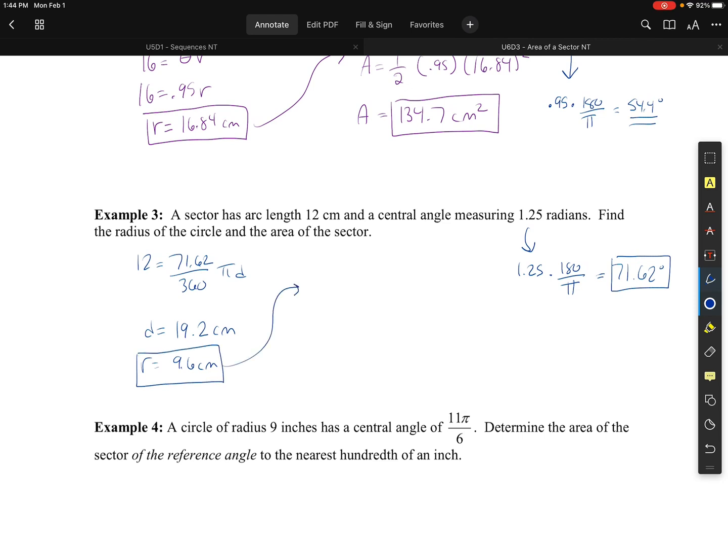So if I'm sticking with the n/360 formula, area equals 71.62 over 360 pi times 9.6 squared. Area equals 57.6 centimeters squared. And again, I chose to go with the degree formula. If you went with the radian formula, this would work out fine.